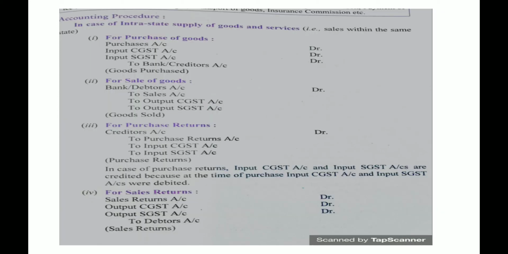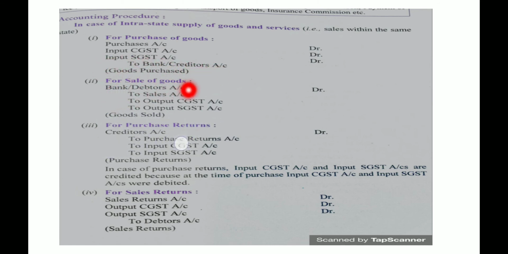There are many other entries which we can see here. In case of intrastate supply of goods and services within the same state, what will be the entry? For the purchase of goods: purchase account debit, input CGST, input SGST, to bank.